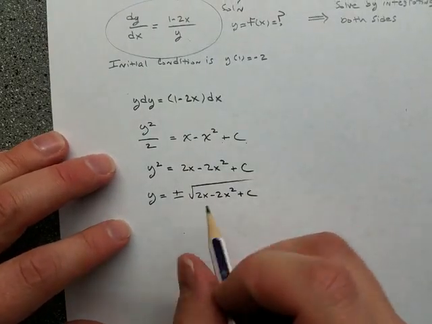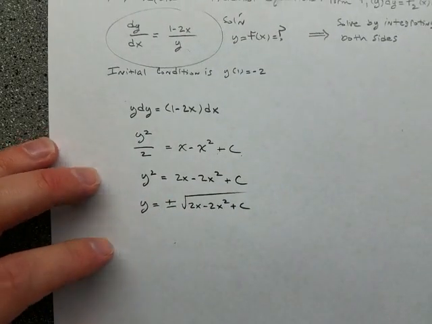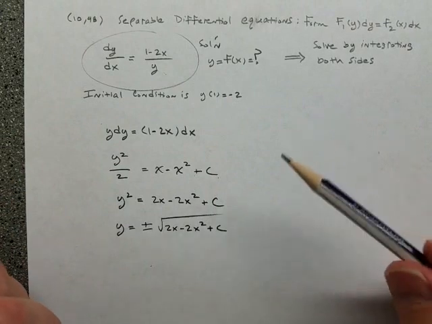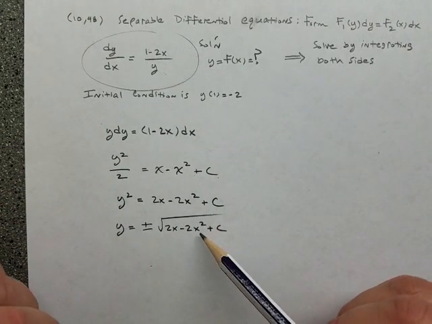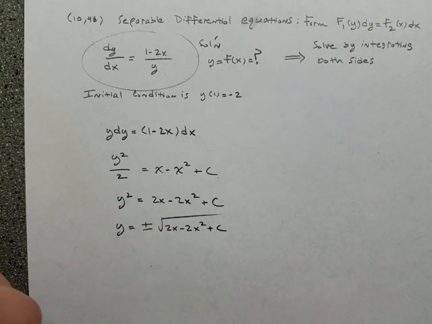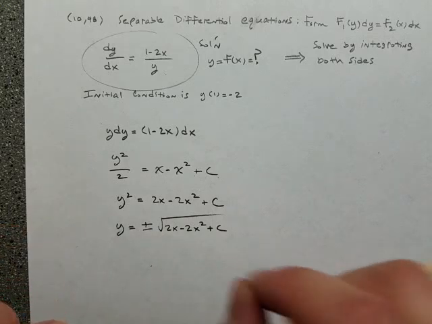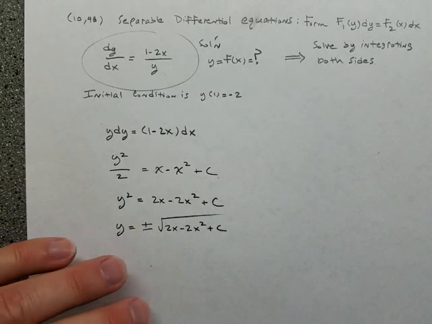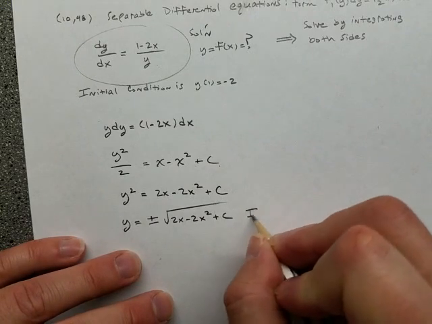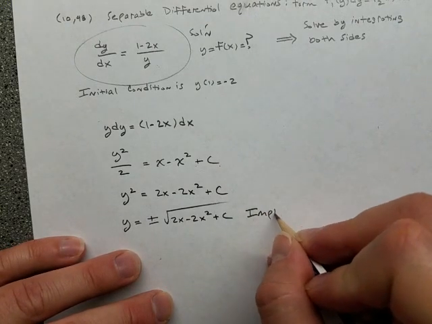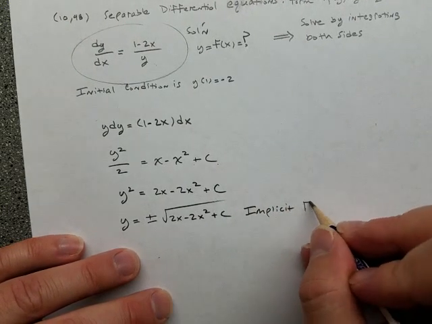So that doesn't make y a function of x. If I were to give you an x, you could possibly get 2 y's, and so it's not a function. It's a relation between y and x. Now, we might say that there's a way to tease a function out of that, but as it isn't a function, I guess if I were to call it anything, it'd be an implicit function.